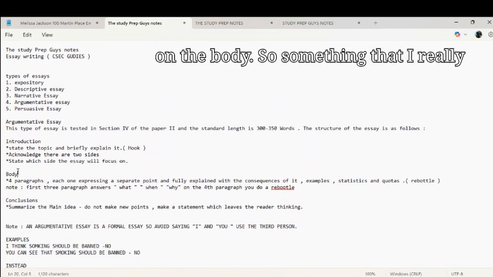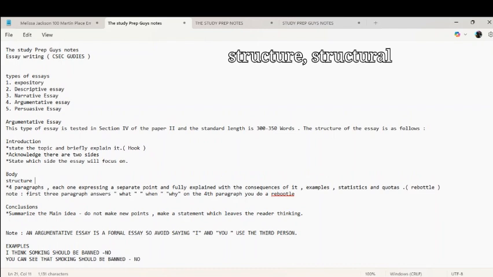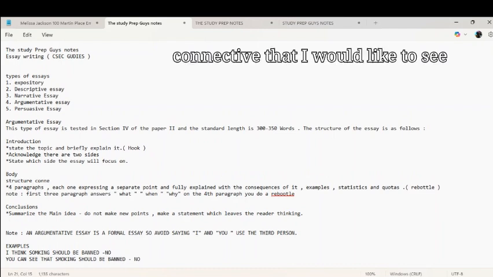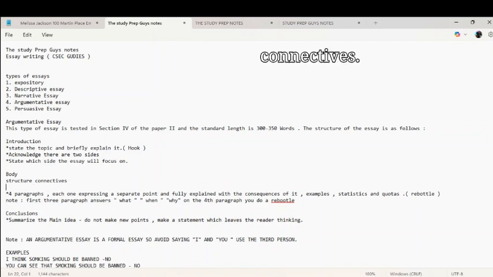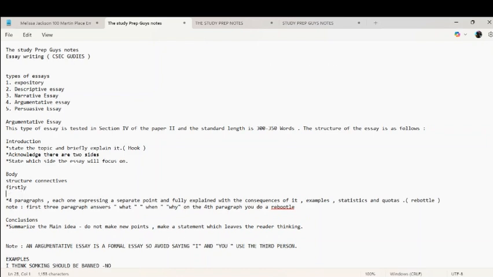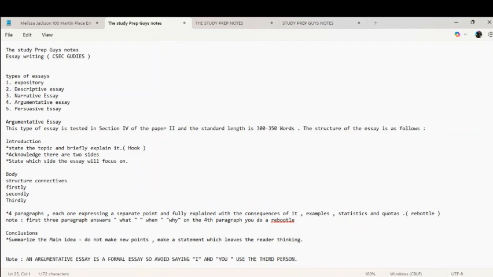Let's look at the structural connectives that I would like to mention. Structural connectives are firstly, secondly, thirdly, and conclusion.